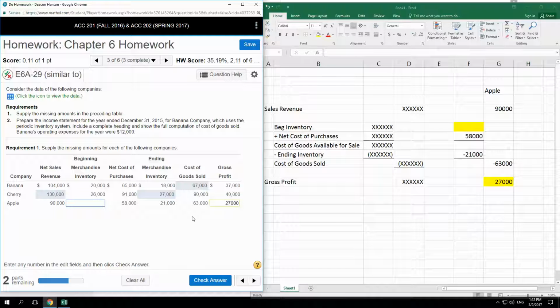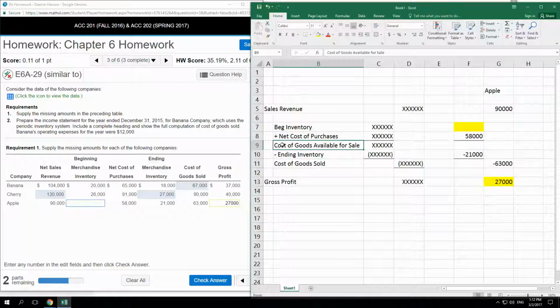Then we need to figure out what beginning inventory is. We know that cost of goods available for sale minus ending inventory gives me cost of goods sold.